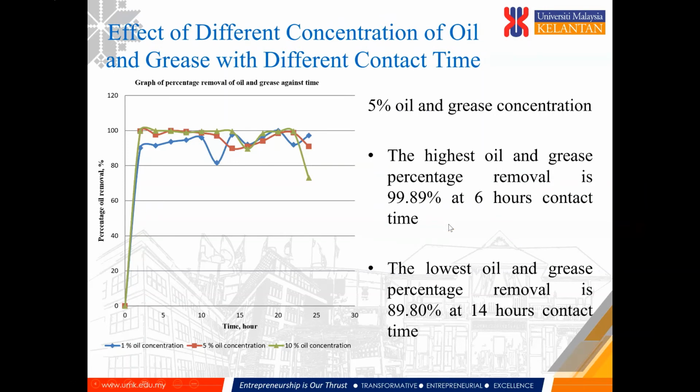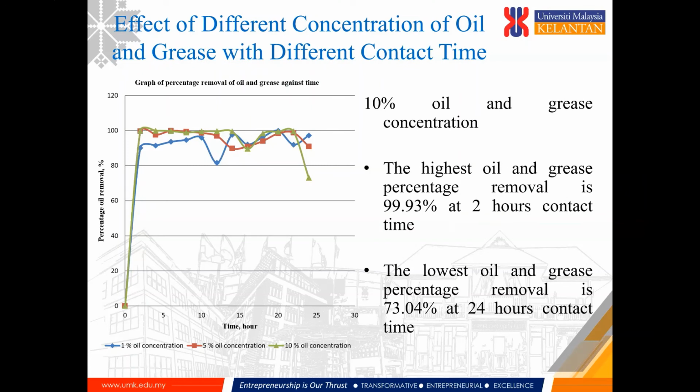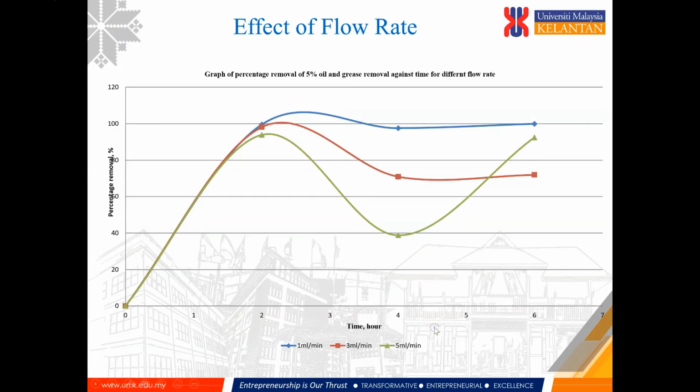For 5% oil and grease, the highest percentage removal is 99.89% at 6 hours contact time, and the lowest is 89.8% at 14 hours contact time. Next is the 10% oil and grease, where the highest is at 2 hours, reaching 99.93%, and the lowest at 24 hours, which is 73.04%.